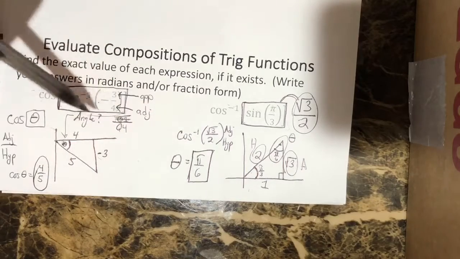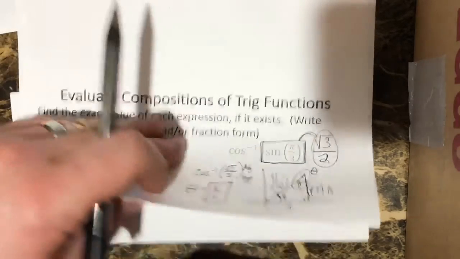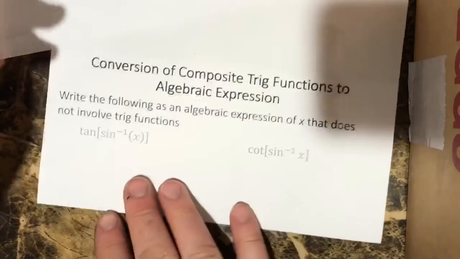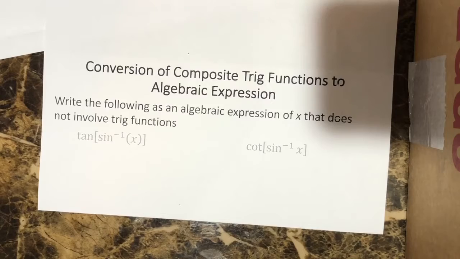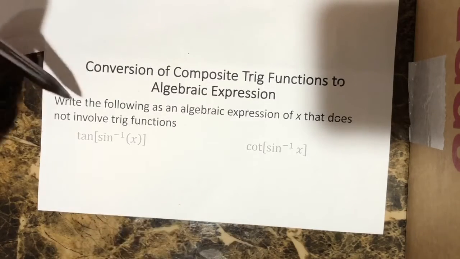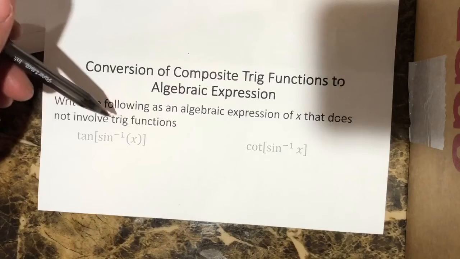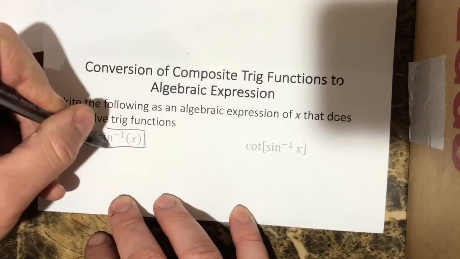The other thing you can do with this, the last piece of the puzzle, is that you can also do these types of problems when you have complete unknown values, all right? So here's how this is done when you have literally x. It says, write the following as an algebraic expression of x that does not involve trig functions. Believe it or not, you're still going to draw a triangle, okay? And you're going to start here in the brackets, all right?